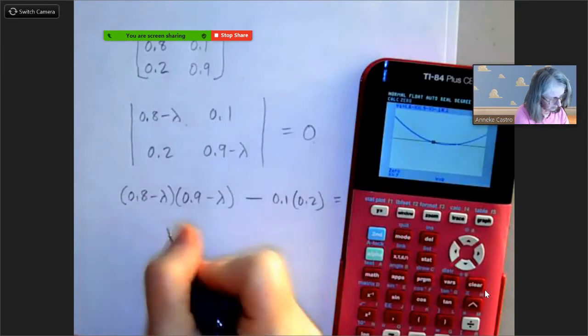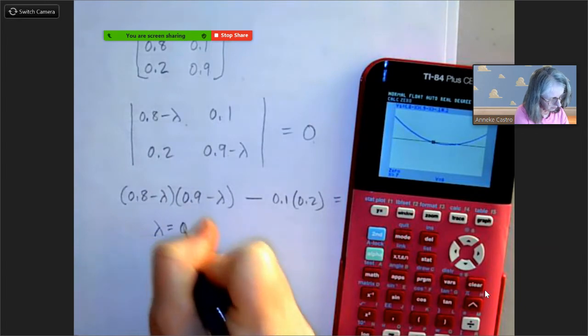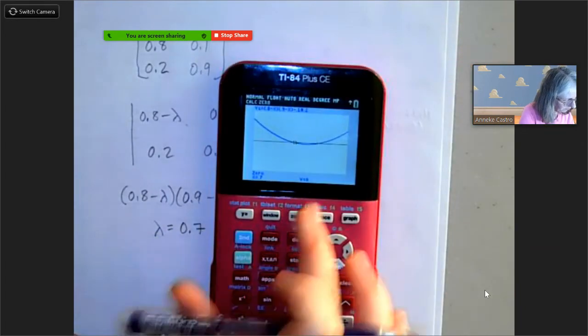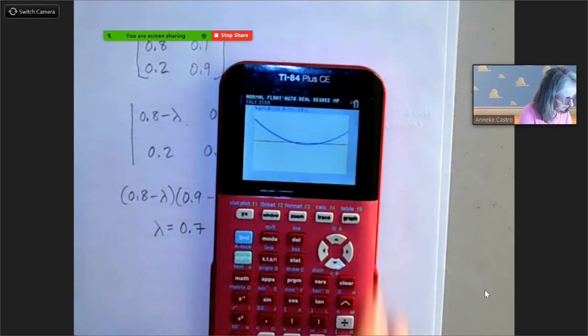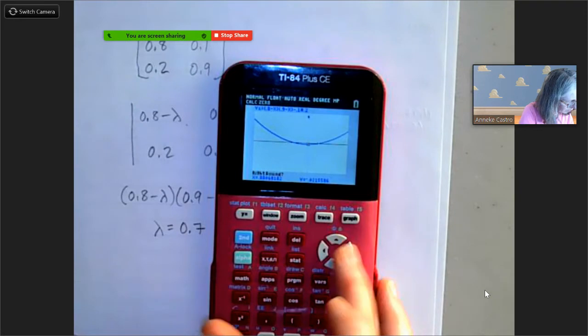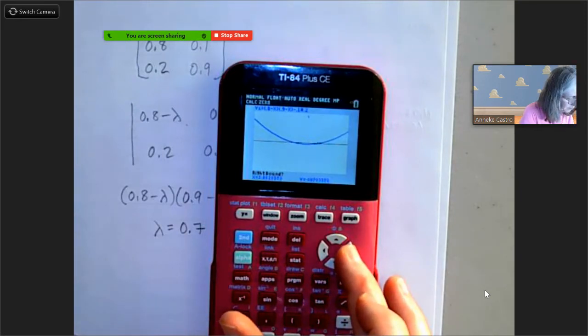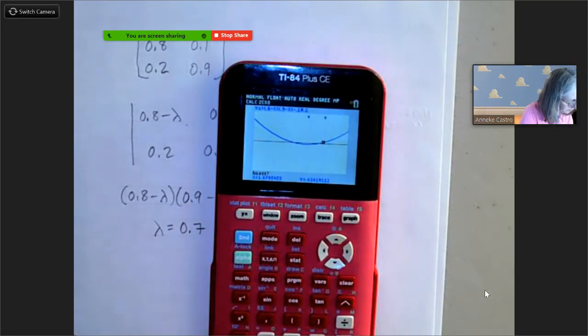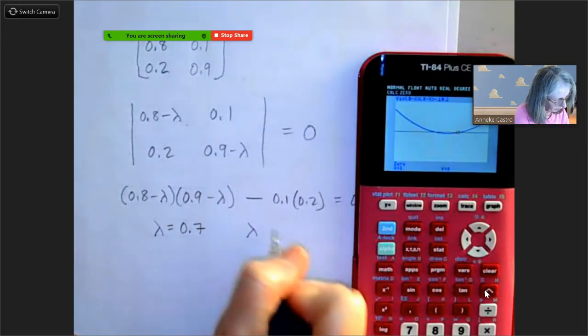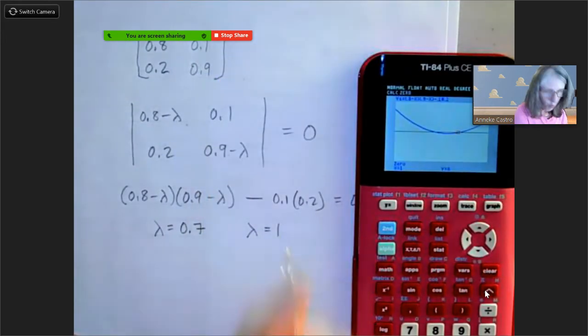So that's lambda equals 0.7. And then for the other one, left bound, right bound, and 1. So lambda equals 0.7 and lambda equals 1.